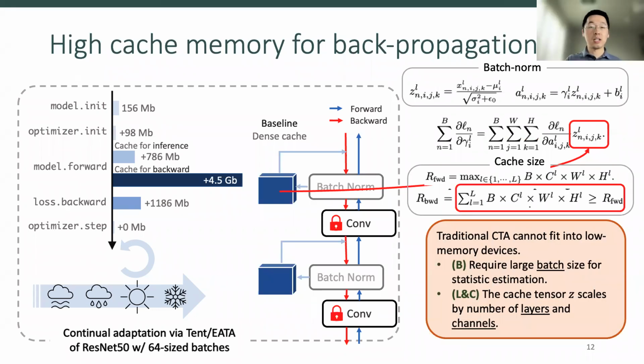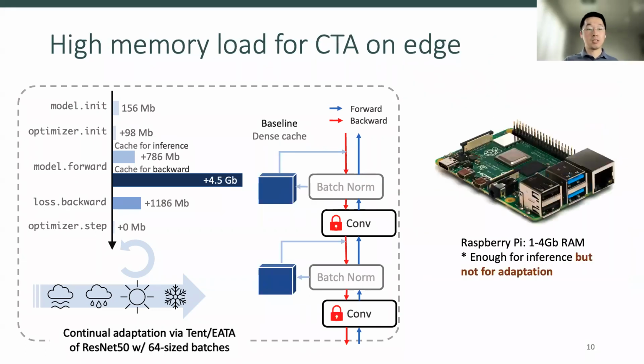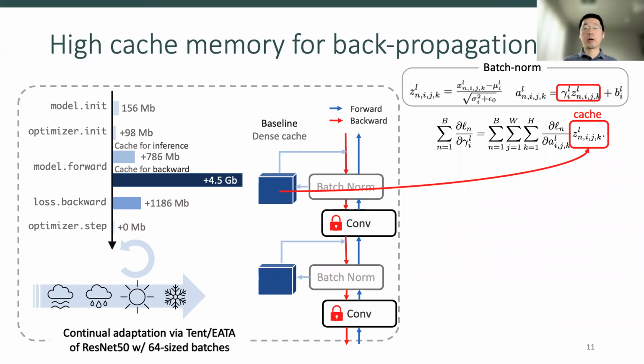So let's go back to our problem. We noticed that this is a very large memory load. So here's the question: where does the cache come from? Why do we have this large cache? Notice we already made this algorithm quite efficient by only updating the batch normalization layers. Why is the memory still so large?